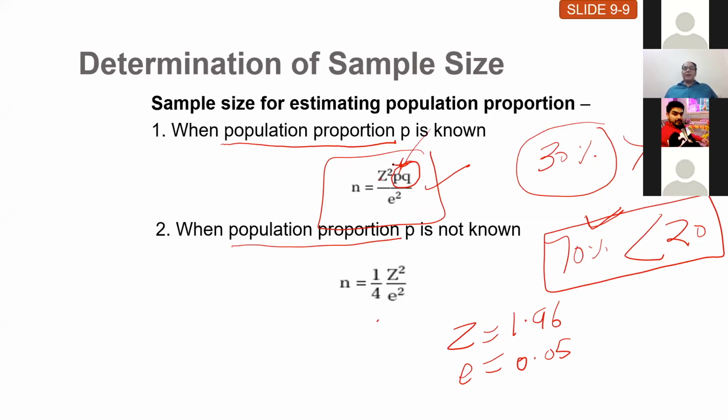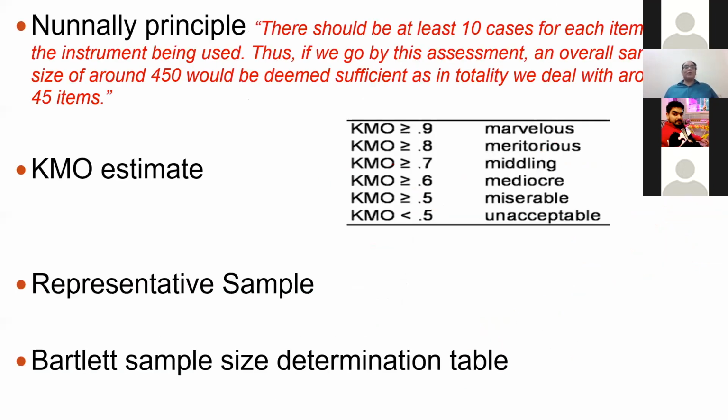Now I'm telling you the most popular method which is used by the public. The first is called the Nunnally principle. This is also quoted by different people, and this Nunnally principle says that you count the number of items in the interval scale.